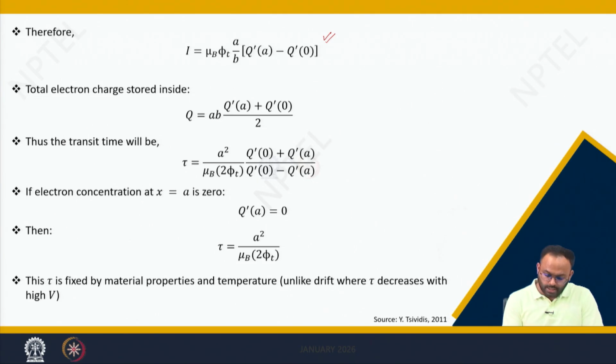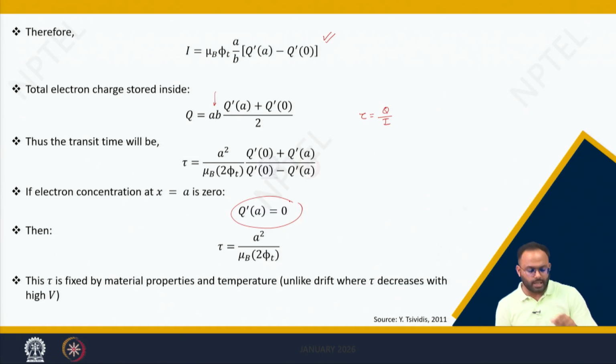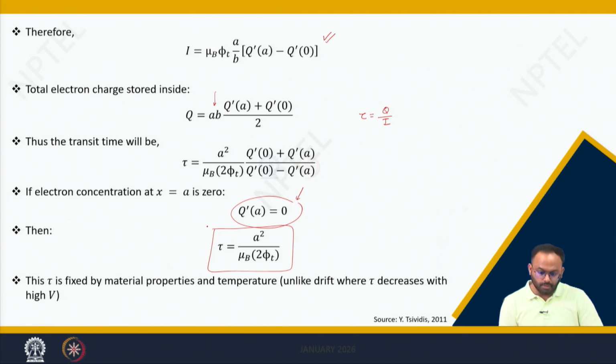Here the total charge can be given by AB into the average of this charge, and we can simply calculate the tau by Q by I. By using this and putting a boundary condition considering that a pure sink is available at the right-hand side, it means the electrons which originate at the left-hand side of that specimen end up at the right-hand side. So by considering this, we will get a transit time under diffusion condition.